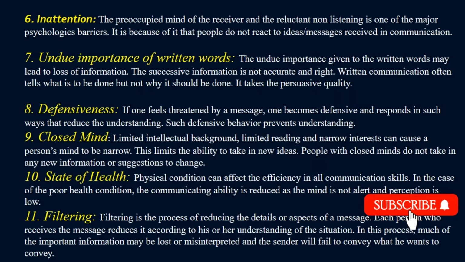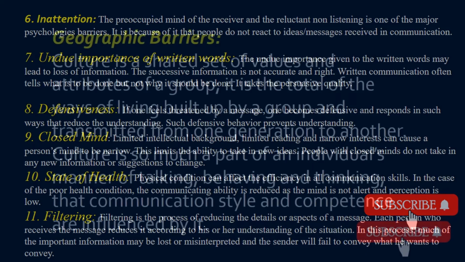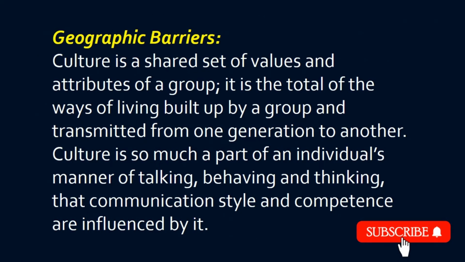And the next one we are going to see is geographic barriers. What do you mean by geographic barriers? You might have known about culture, isn't it? So culture is a shared set of values and attributes of a group. It is the total of the ways of living built by a group and transmitted from one generation to another.